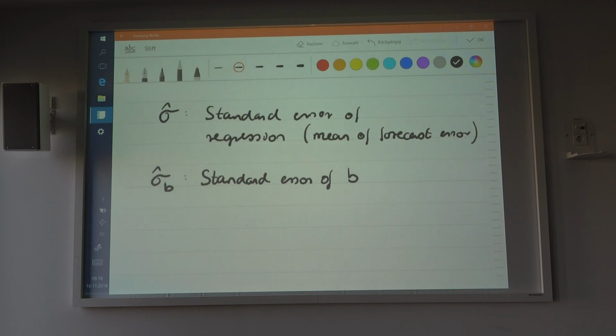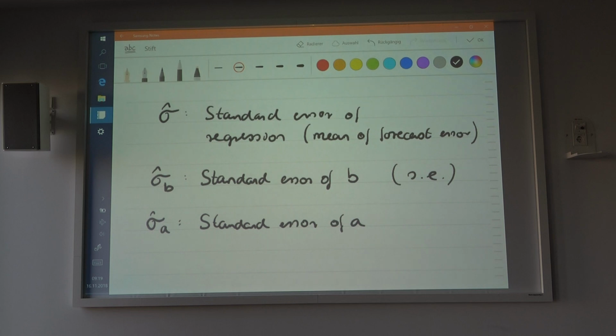Similarly, this is going to be the standard error of A. We also use the notation SE for the standard error. Sometimes I use that as well, to make things a little bit easier. So standard error of B and standard error of A. This is the estimated mean of the estimation error.